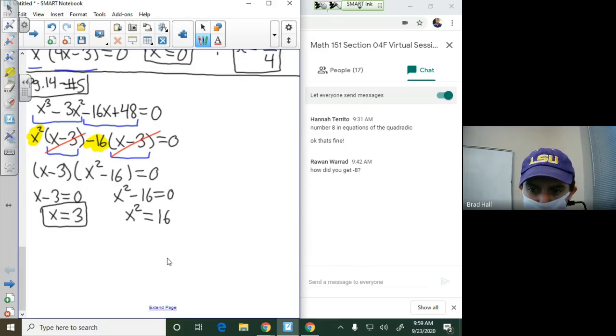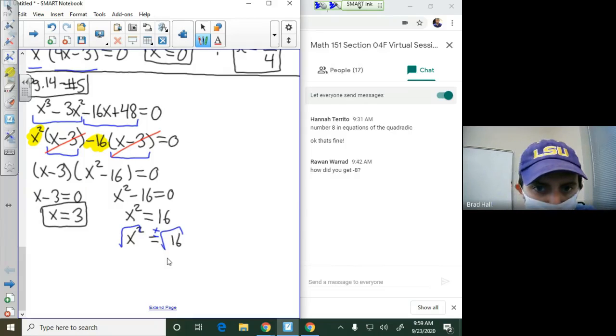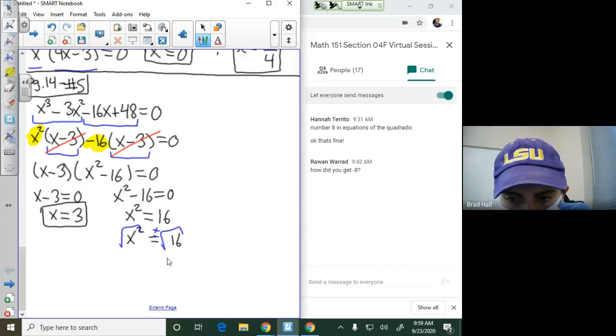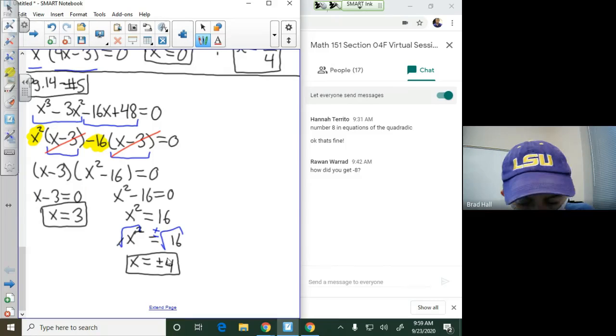Add 16 on both sides. Take the square root of both sides to get a plus or minus. So we end up with x is equal to plus or minus 4. So we get 3 answers.